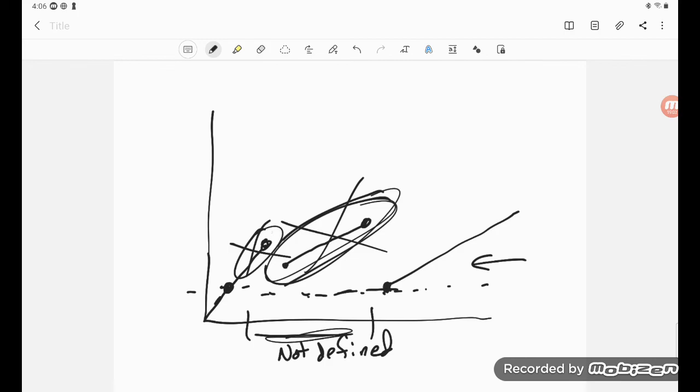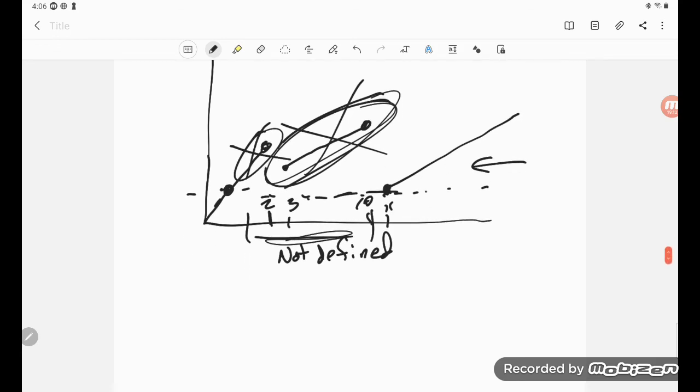So, for instance, let's suppose this used to go to 2, and then that was from 3 to, who knows, maybe that's 10, and then that's 11 or something like that.